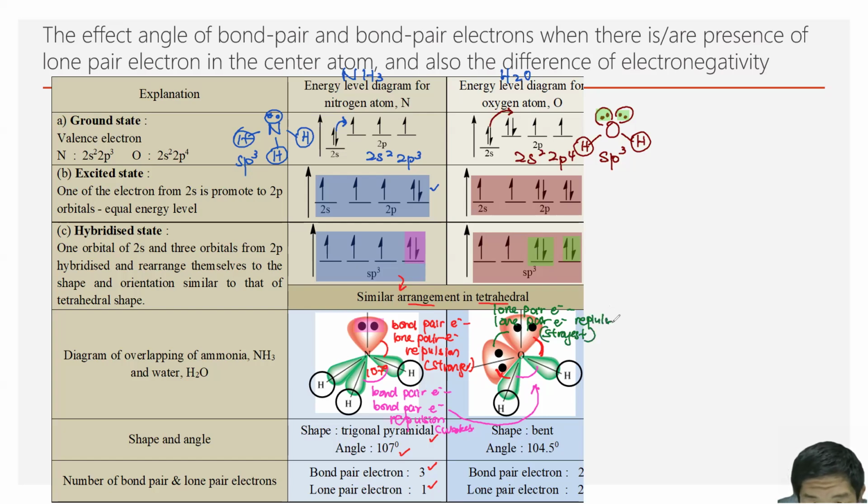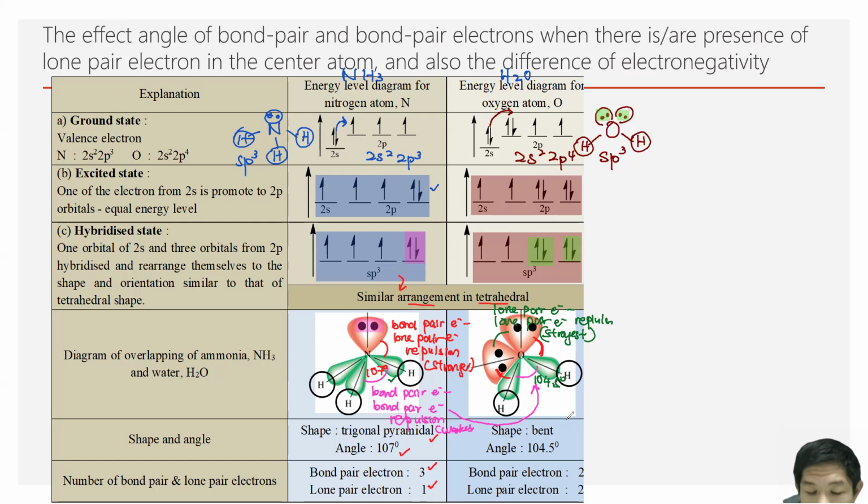So it further squeezes down the angle. Without any lone pair, you have 109. With one lone pair electron, it is 107. And with two lone pair electrons, it further squeezes down to become 104.5 degrees in here.